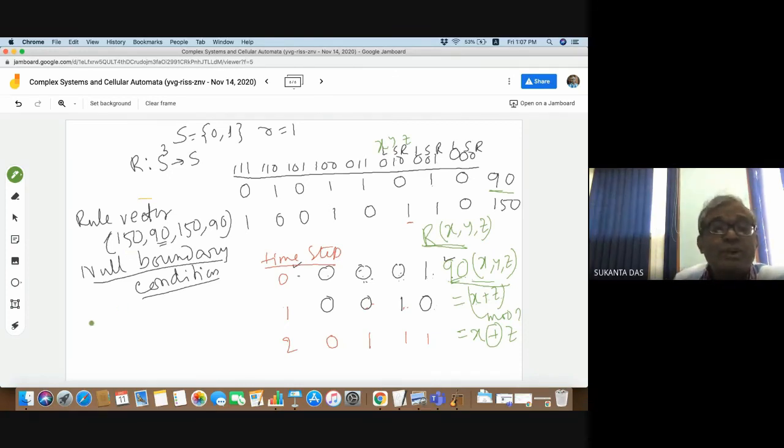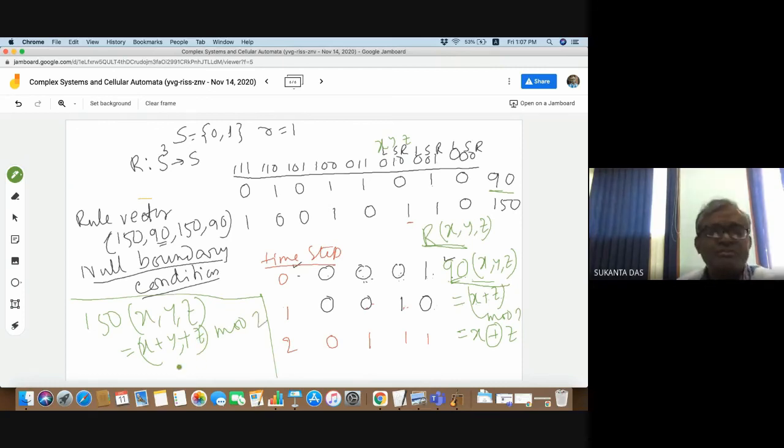Similarly for rule 150, it has three arguments X, Y, Z. I'm writing here X plus Y plus Z mod 2. You can check it.